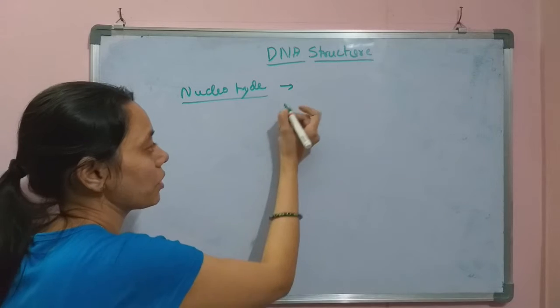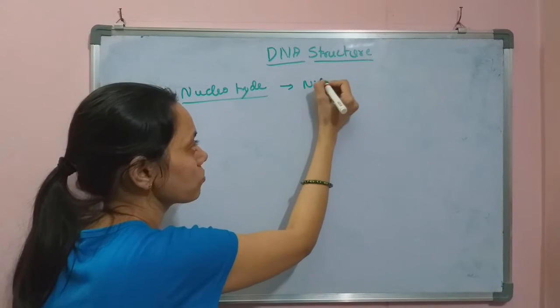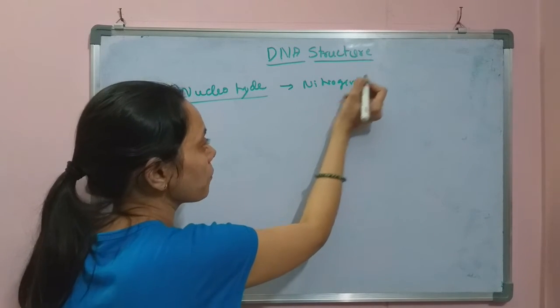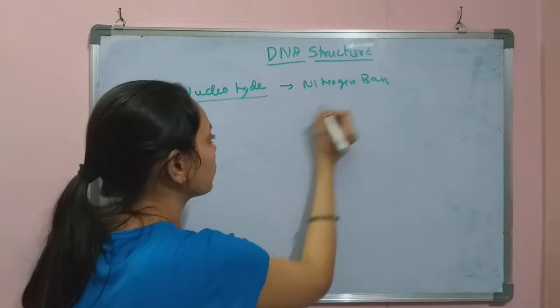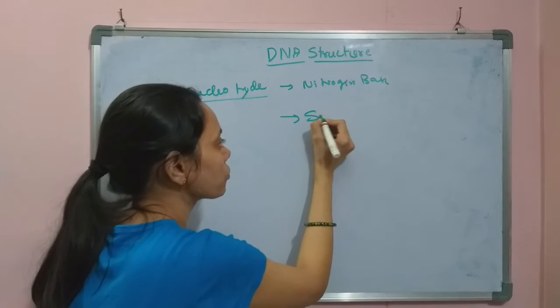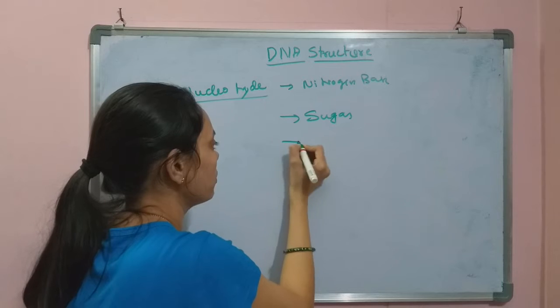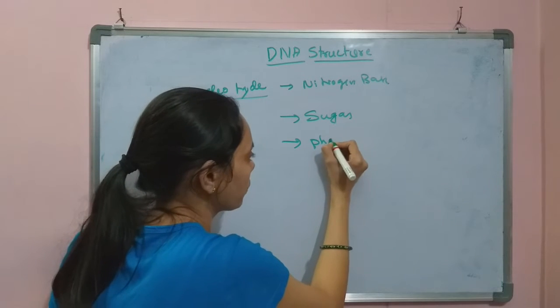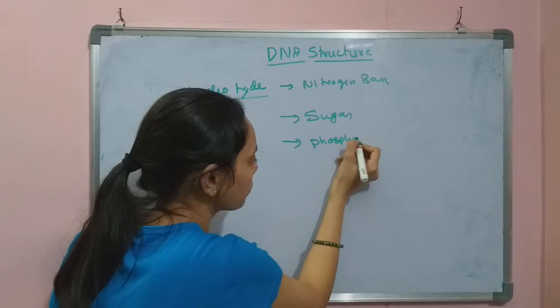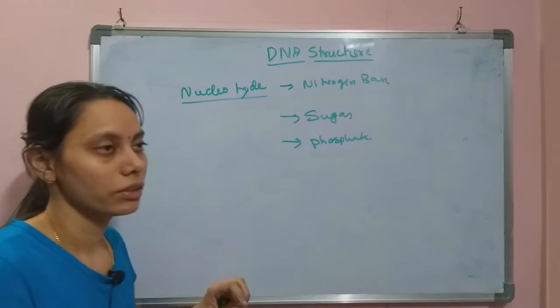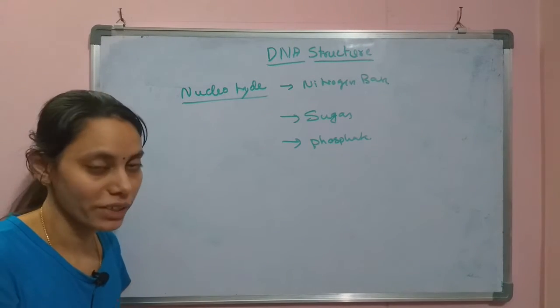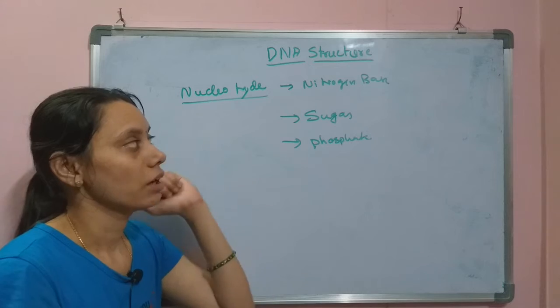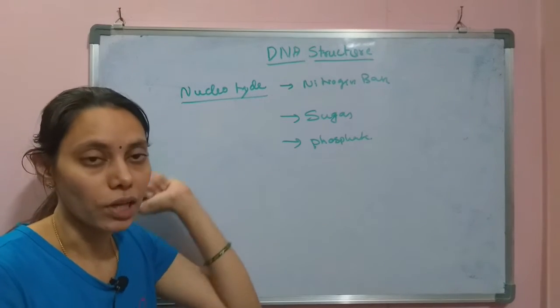It is again made up of a nitrogen base, a sugar and a phosphate moiety. This phosphate moiety is in the form of phosphoric acid.